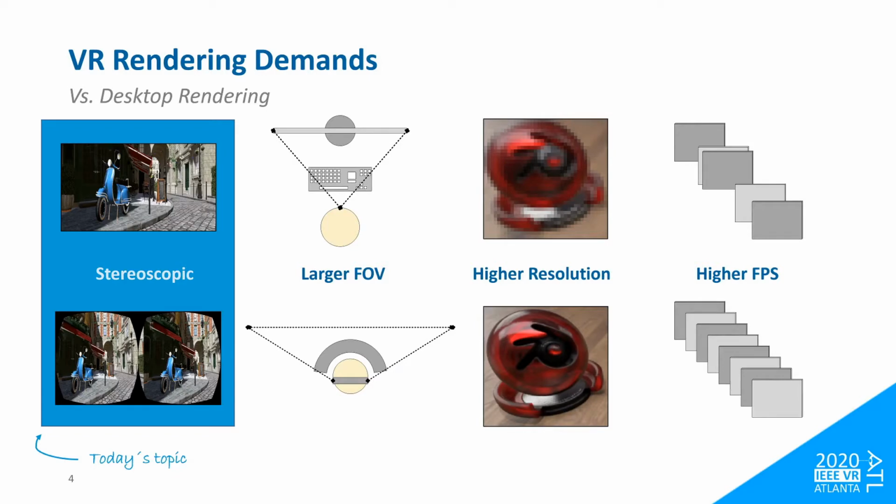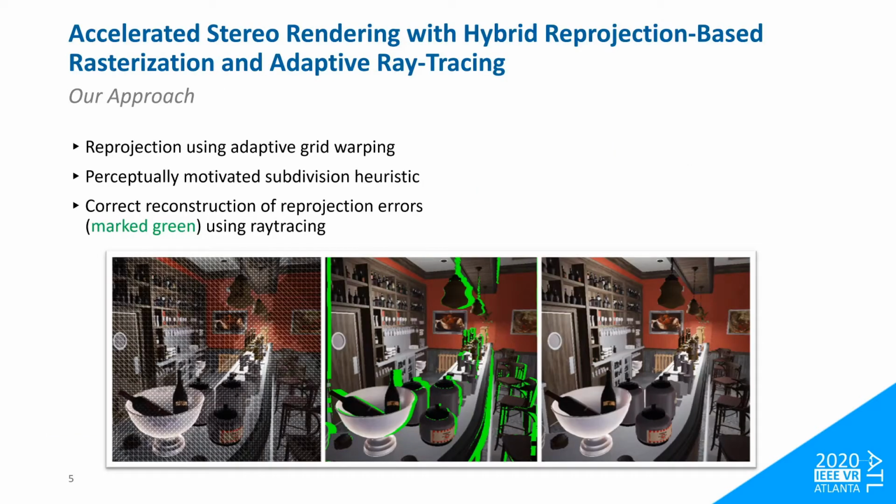Our presented approach also aims at accelerating stereoscopic rendering. We share some core similarities to the work of Didyk and Schollmeier, as we also employ an adaptive grid warping approach. However, we differ in a few aspects, the most notable being the handling of reprojection errors caused by disocclusion.